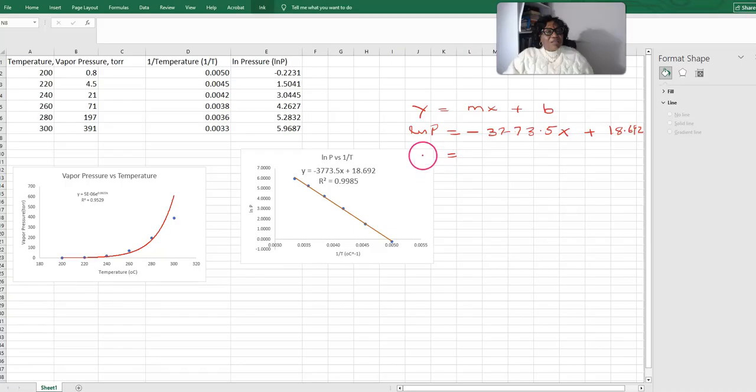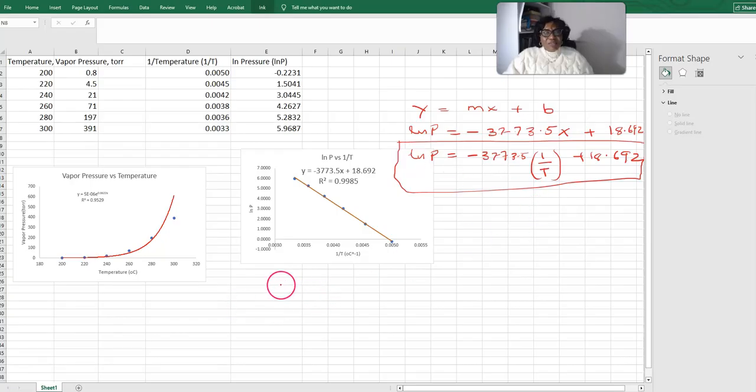So we can still write this as ln P equals minus 3773.5 times 1 over T plus 18.692. So this is our equation of the line.